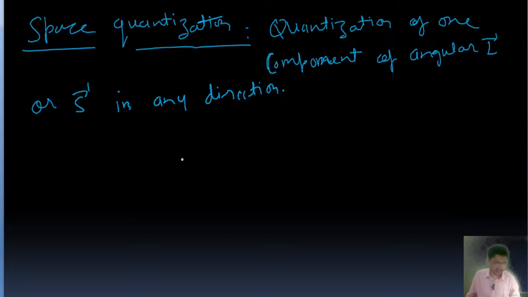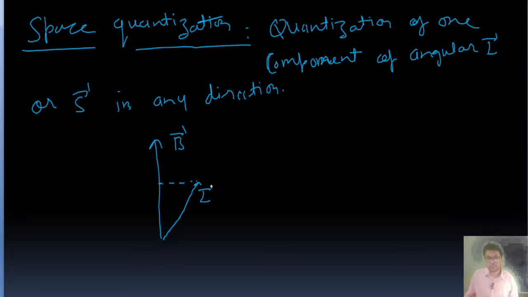Now here, this is magnetic field B, this is L. So we are going to study this space quantization: quantization of any component of angular momentum L or S in any direction.